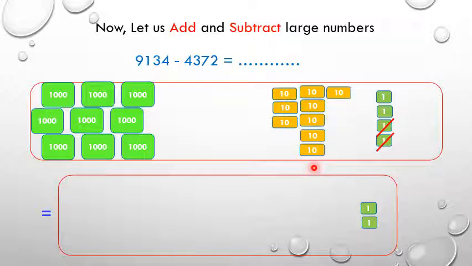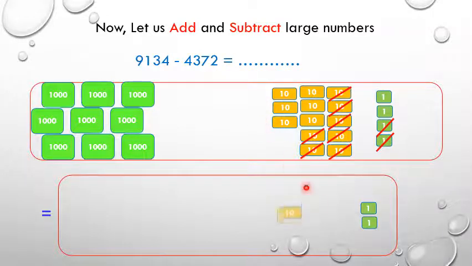Now we have how many tens in the tens place? Yes, good job. We have 13 tens. Then ask yourself, can I take away 7 from these 13 tens? Yes, I can. Cancel 7 only. The rest will be how many tens? It will be 6 tens. Let's draw them here in the final math.